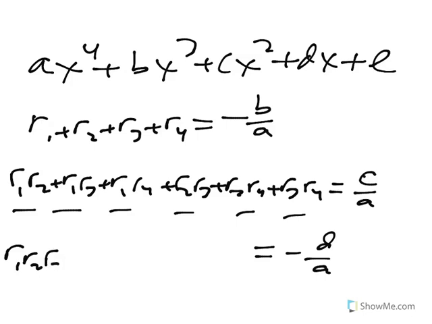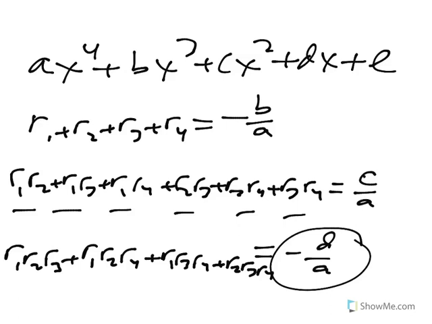R1 R2 R3, leaving off the R4. R1 R2 R4, leaving off the R3. R1 R3 R4, leaving off the R2. R2 R3 R4. Again, this negative D over A can be calculated easily, even though the individual roots are really hard to calculate.